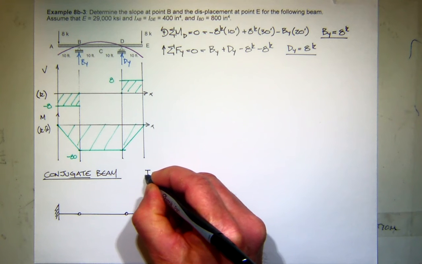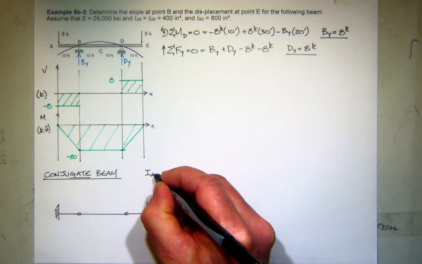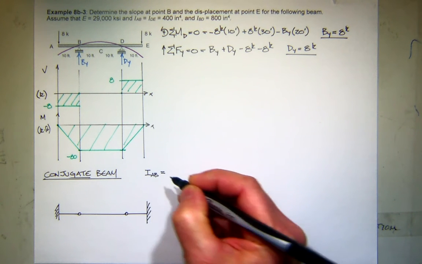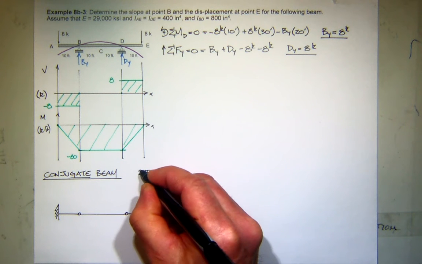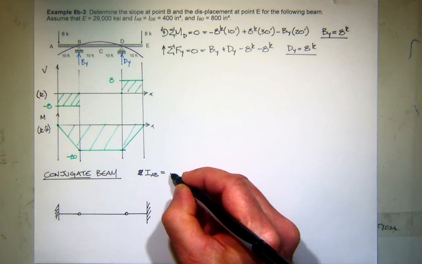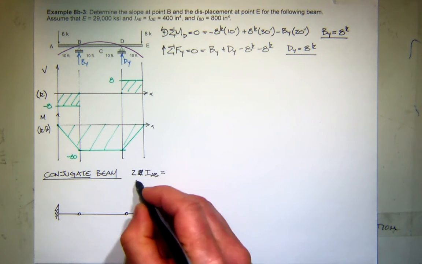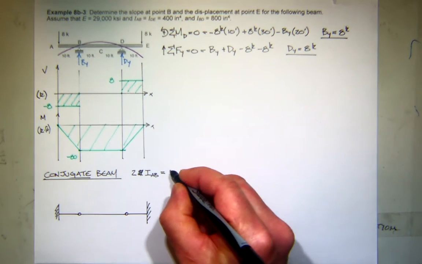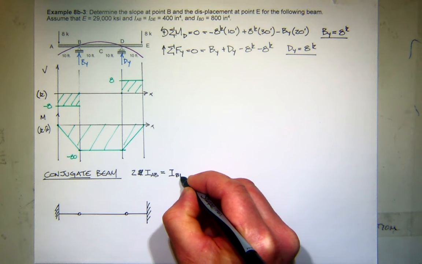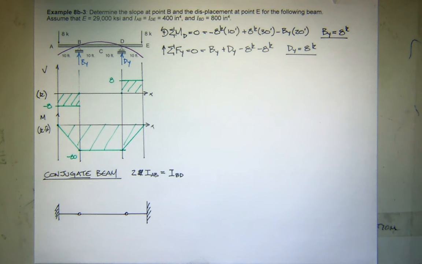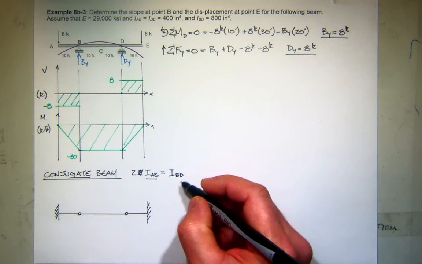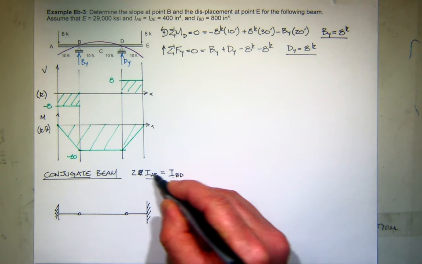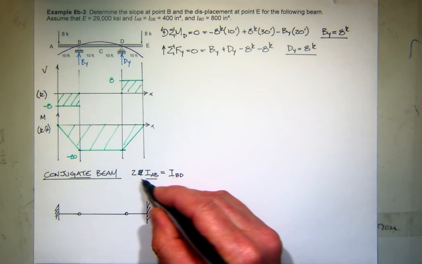So actually the moment, whatever it is in AB, is equal to what? It's actually twice. Yeah, I had that right. It's twice the moment in AB is equal to the moment in BD. Right? You see that? So if you want to divide by this guy, then when you get to this section, how does that relate to that? It's two of them.